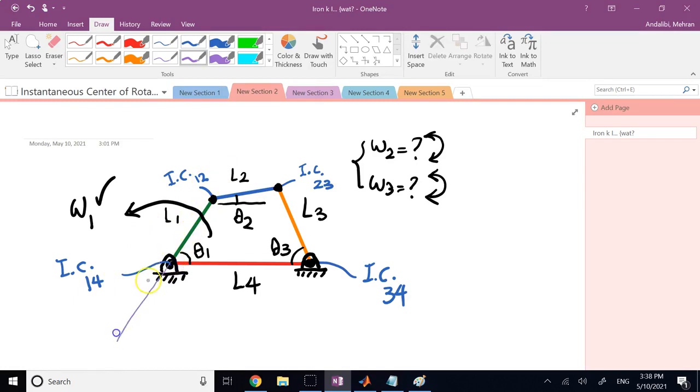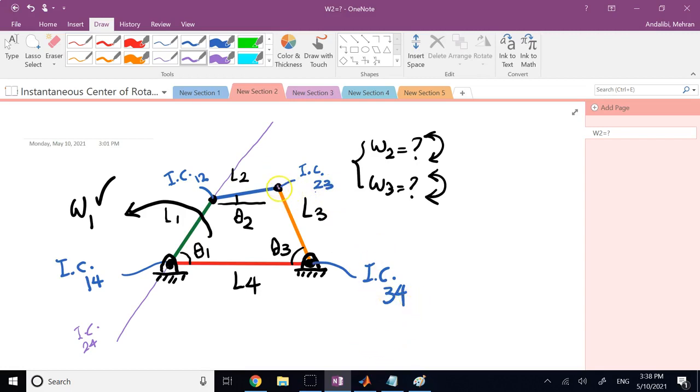So on this line, since I have 1-2 and 1-4, the IC of 2-4 should be on this line, correct? Because here I'm talking about object 1, object 2, and object 4, and these three instantaneous centers should be on this line. Also here, you see 2-3 and 3-4 are here. So it is between objects 2, 3, and 4. So again, 2-3, 3-4, and there should be another, 2-4.